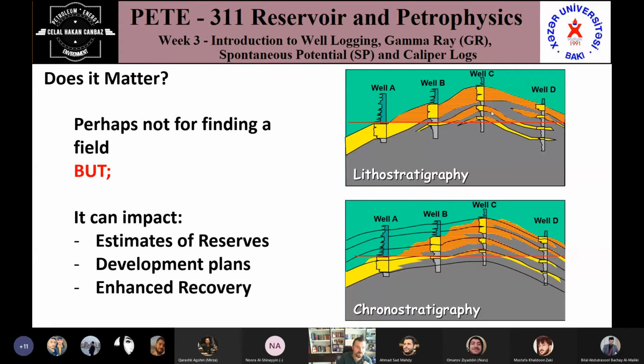In enhanced oil recovery, it will change because of the locations that you described. For example, a geologist who worked with the lithostratigraphy most of the time, when you give some results of chronostratigraphy to him, he can apply a different field development plan, or use a different enhanced oil recovery method.